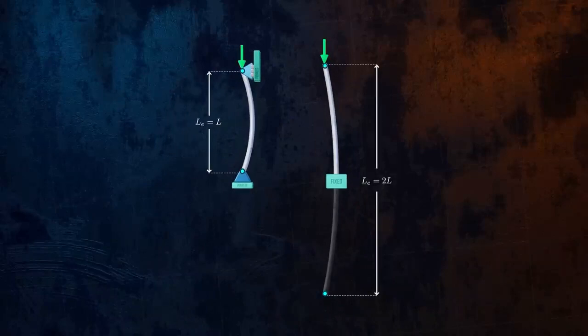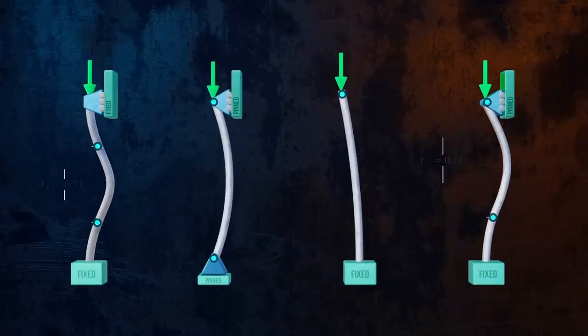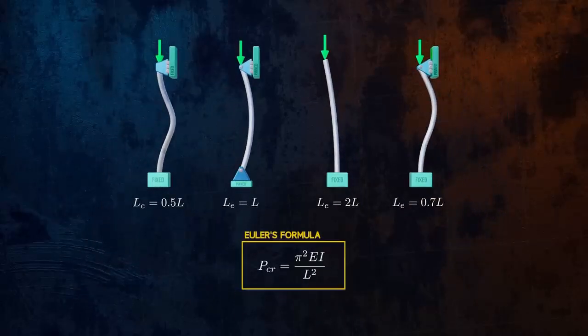Here are a few other common end conditions and the associated effective lengths. We can replace the column length in Euler's formula with the effective length to make the equation applicable for all of these end conditions. Or we can keep the column length and add in an effective length factor k.